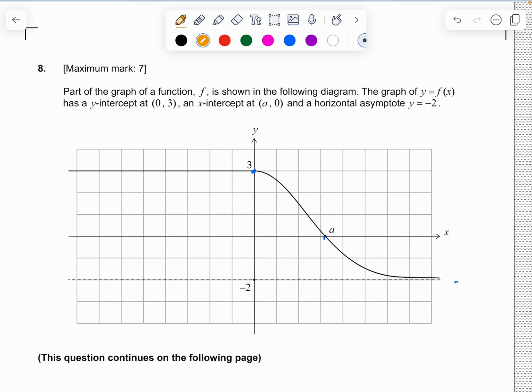What does that mean? All the negative x values will have answers similar to the positive x values. So negative x values' answers will be the same as positive x values' answers.